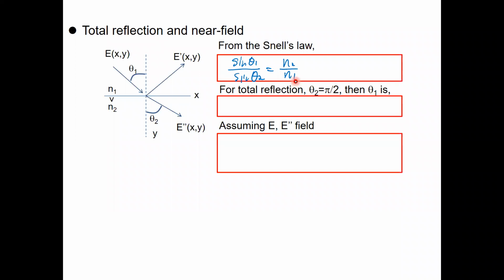That's why the incident angle is always smaller than this theta 2.